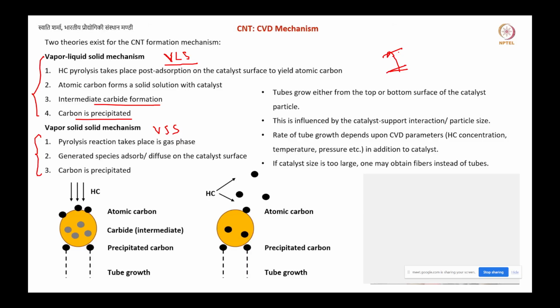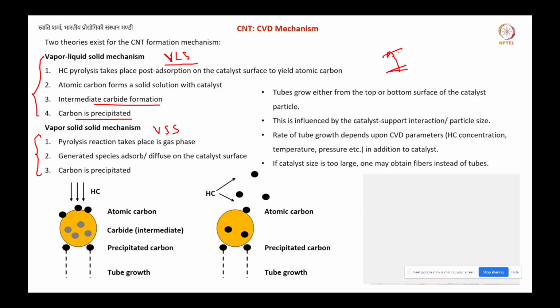The rate of tube growth depends upon the CVD parameters: hydrocarbon concentration, temperature, pressure, etc. So these all depend on many parameters in addition to the catalyst. If the catalyst size is too large, one may obtain fibers instead of tubes. Okay, so the size, type, and shape of your catalyst matter a lot because they affect the deposition and can change the result that you want.